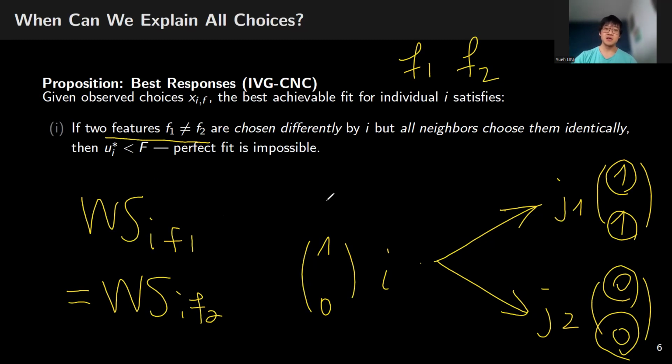So this is what it says. If feature F1 and F2 are chosen differently, here I choose 1 and 0 for the two features, but all the neighbors of I choose them identically. So all the neighbors of I, for feature F1, either they both choose it or they both do not choose it. In this case, the weighted sum will be the same for both features.